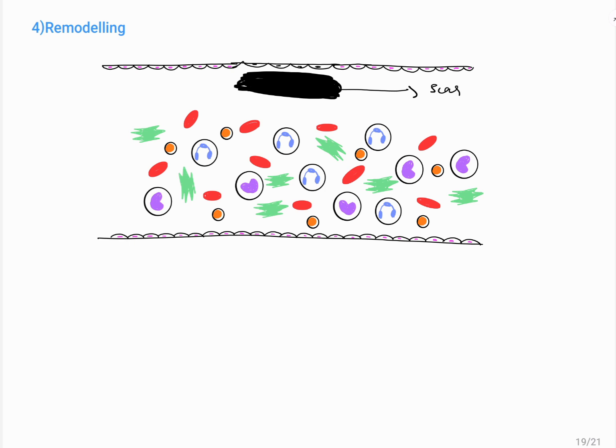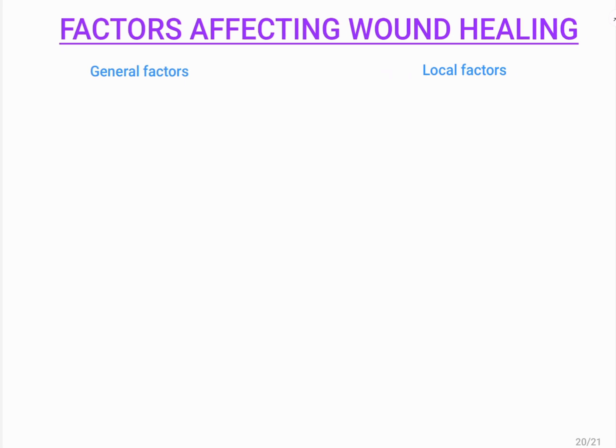Now let us come to the last topic of this video, which is factors affecting the wound healing. Factors affecting the wound healing are grouped into majorly general factors and local factors.